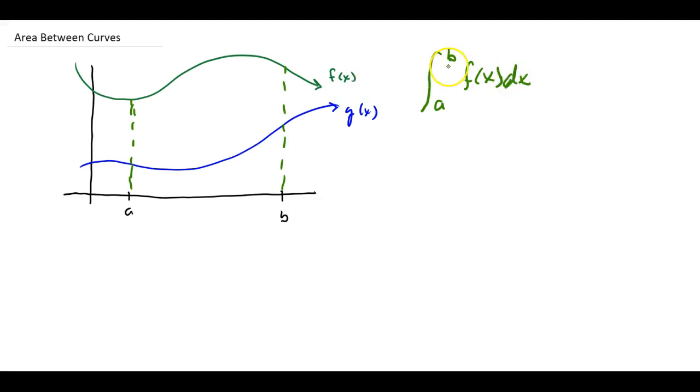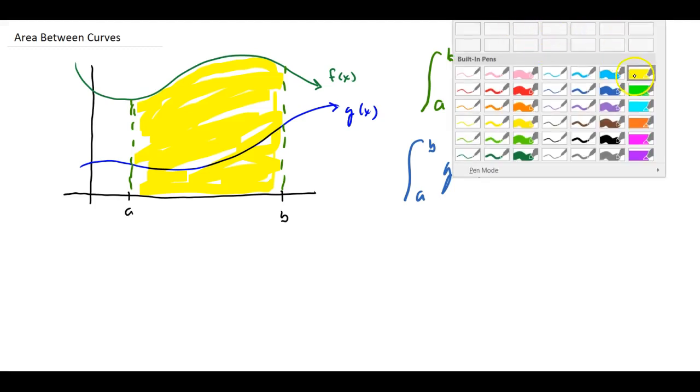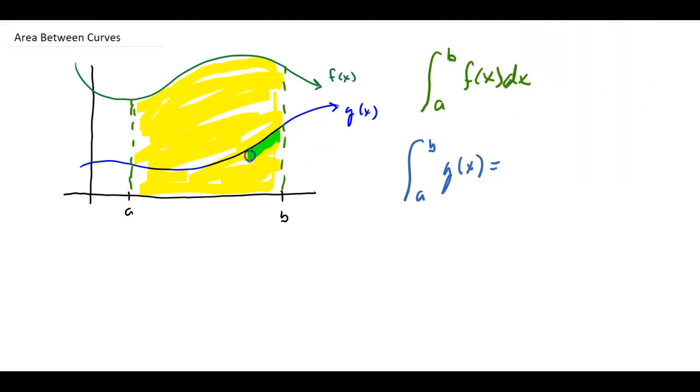So if I did this integral, that would give me all of this area all the way down to the x-axis. Then the integral from a to b of g of x would give me all of this area.